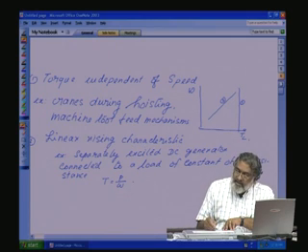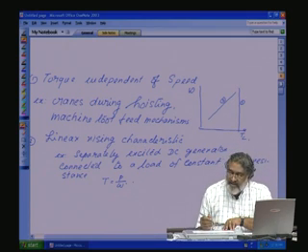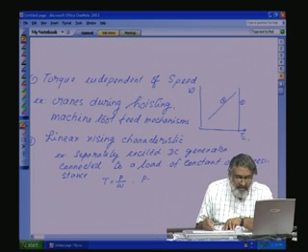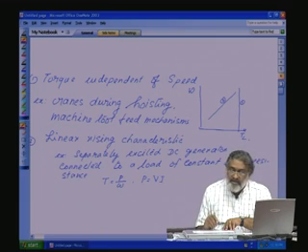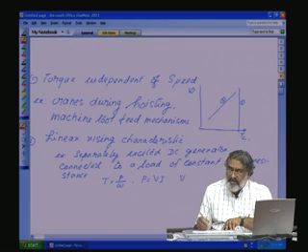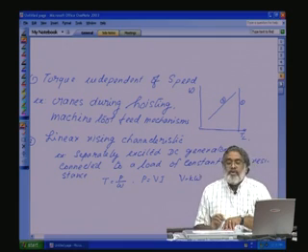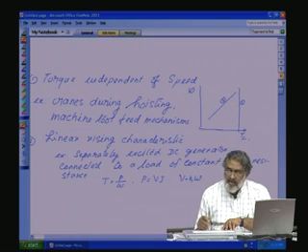Now what is the power generated by the separately excited generator? P is equal to the terminal voltage V into current I. Also we know that the voltage generated by the separately excited DC machine is proportional to speed, with proportionality constant K. So V is equal to K omega. Why?